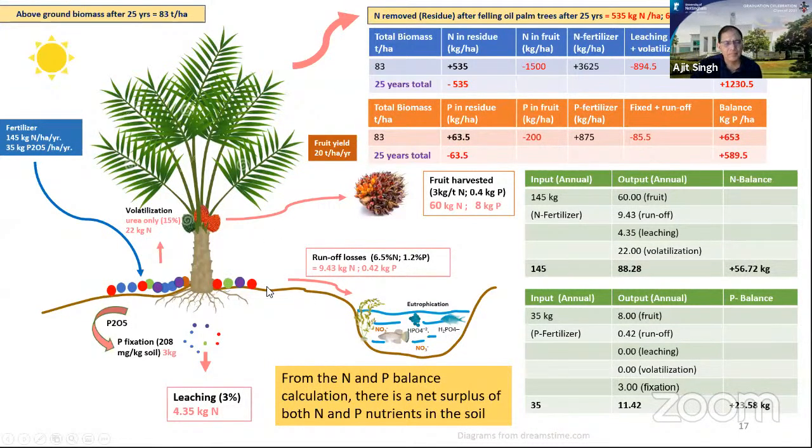And then the runoff is around 6.5% nitrogen, 1.2% phosphorus. So we lose 9.43 kg N and 0.42 kg phosphorus. Now this is very serious. This is very critical because this N and P that reaches our water stream or reservoir causes eutrophication.